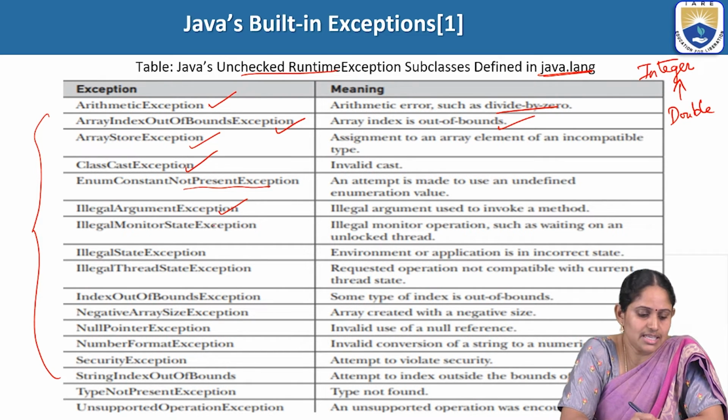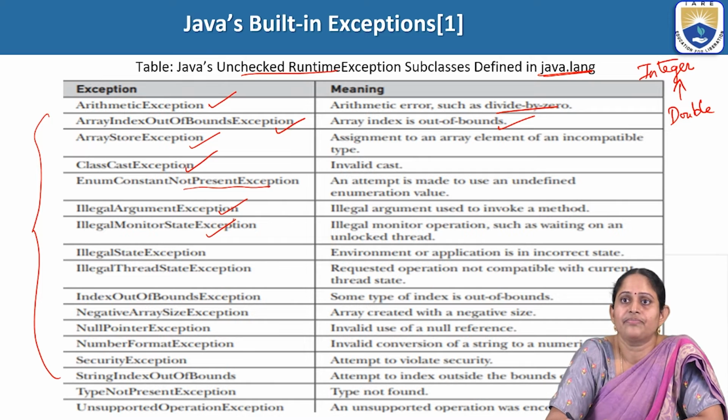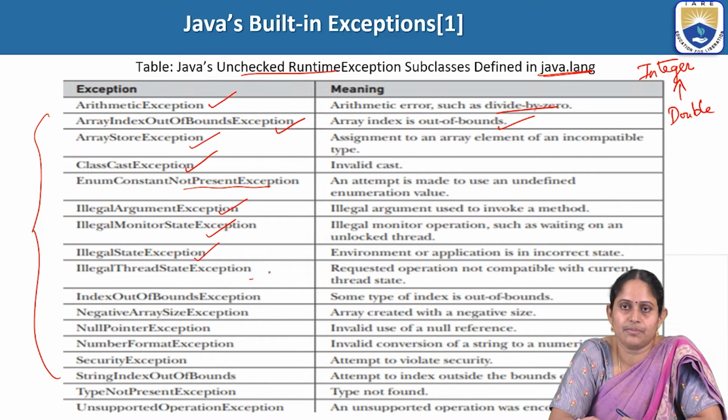The next one is illegal monitor state exception, wherein illegal monitor operations such as waiting on an unlocked thread happen. Next is the illegal state exception, which will be thrown when the environment or application is in an incorrect state. Then we have the illegal thread state exception, which will be thrown when the requested operation is not compatible with the current state. Then we have the index out of bound exception.